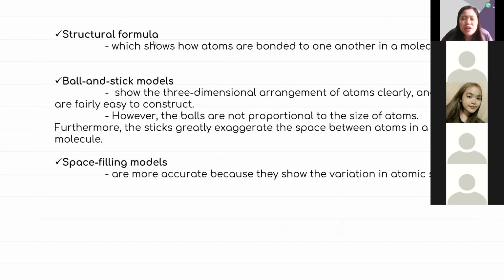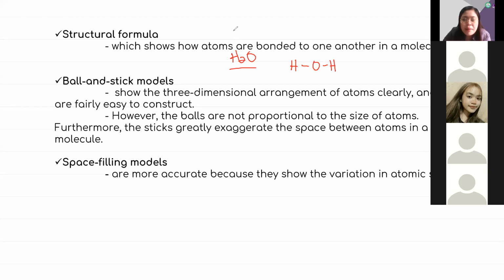So pag structural formula class, yung molecular formula, true formula ha, sa structural formula, this will show us how atoms are bonded to one another. So in the case of water, this is the molecular formula. Pag pinakita natin yung kanyang structural formula, we will see na we will have oxygen in between and ibaband natin yung dalawang hydrogen.